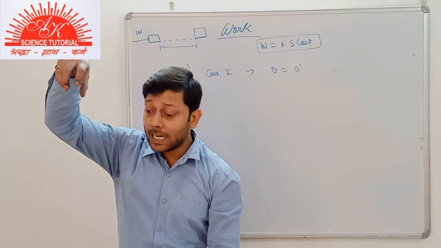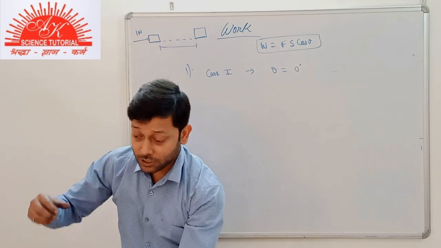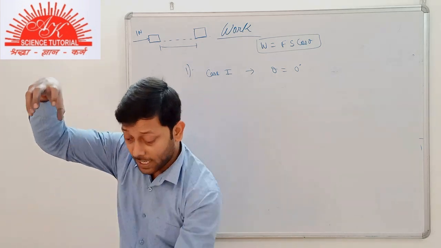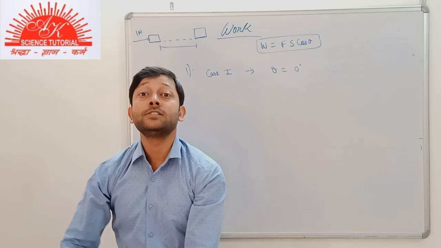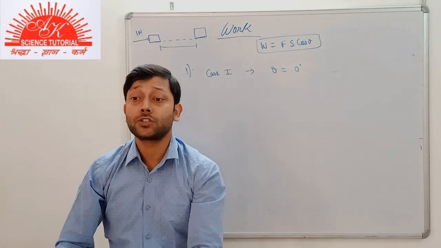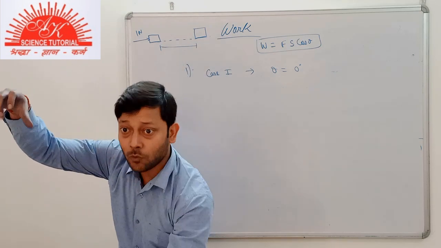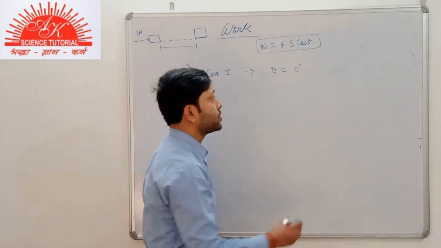And the ball also moves in downward direction. What does it mean? The force exerted on the ball by earth and the displacement of the ball are both in the same direction, both in downward direction. So both F and S are in the same direction.